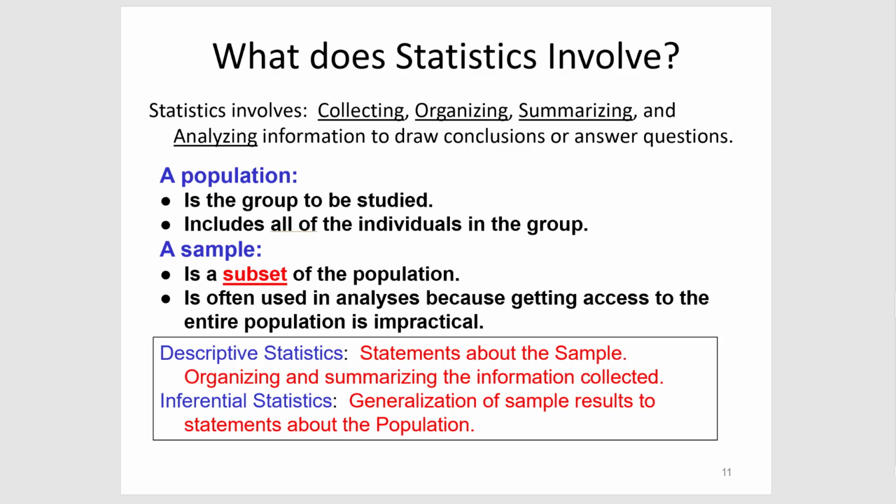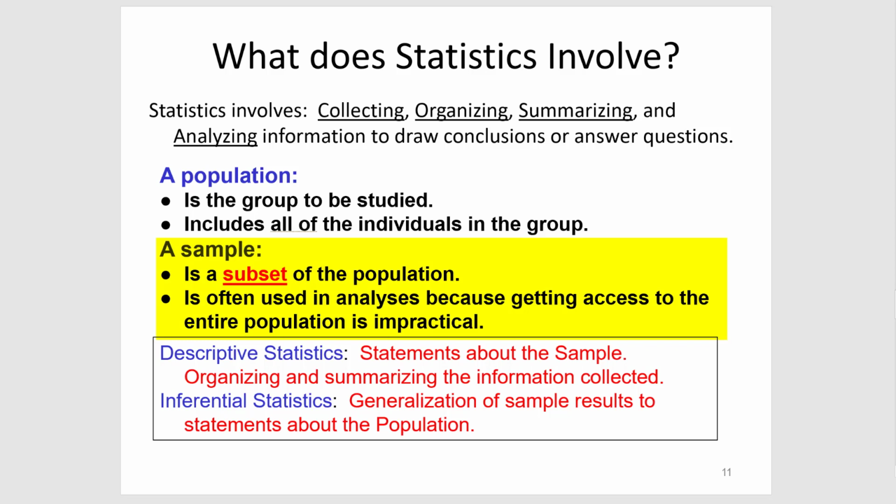So we have this population we talked about, more specifically the group to be studied, the group that will answer our question, and it's going to include all individuals in the group. Generally, we don't have access to the full population, or it would be too expensive to get what is called a census. So we get a sample. That's a subset of the population.